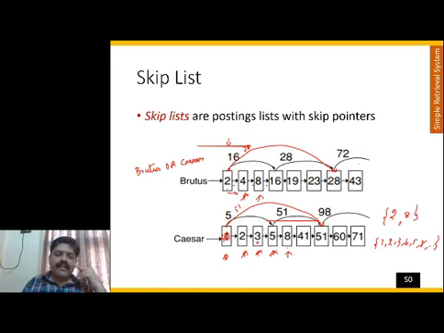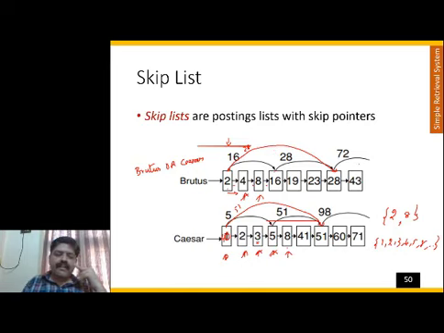So what's happening in this example? Start with the head. This is the sequential pointer going through my postings. I use nil to represent the last element, and from the first pointer I also go to the third pointer.